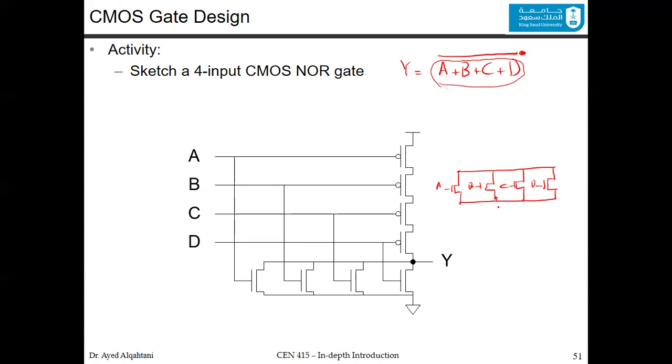This way you made them parallel. That's the way to make them parallel, and as you can see here, they are really parallel. And because they are parallel in the pull-down, you make them in series in the pull-up network for the PMOS counterparts.